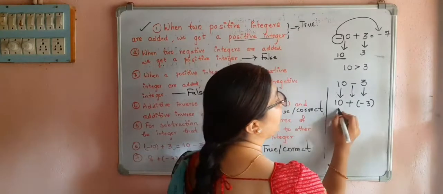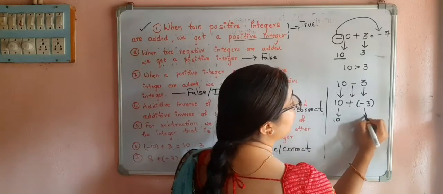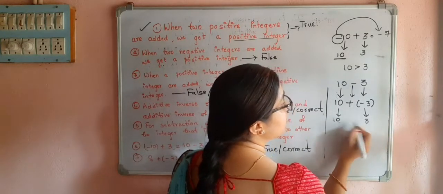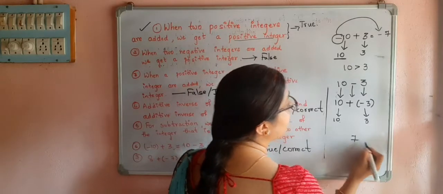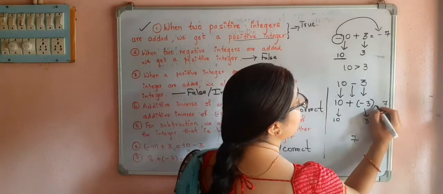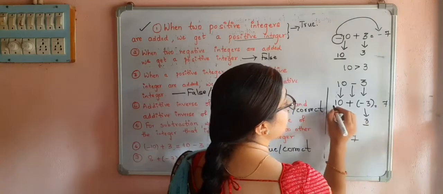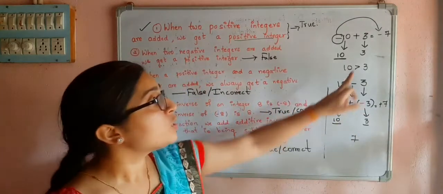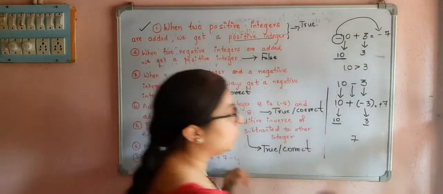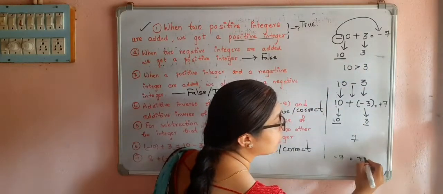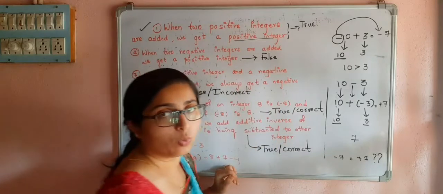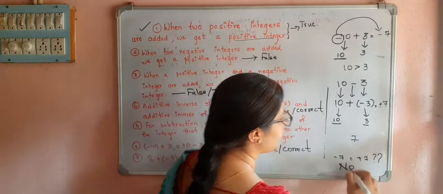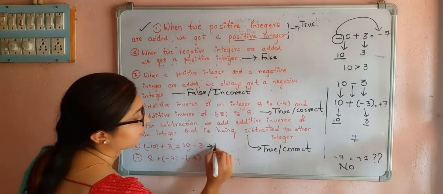Take the absolute value 10, and the absolute value of minus 3 is 3. What is the difference? That is 7. Now what is the sign? 10 is greater than 3, so 10 has a positive sign. So this is plus 7. So is minus 7 equal to plus 7? No, it is not equal. So this is incorrect.